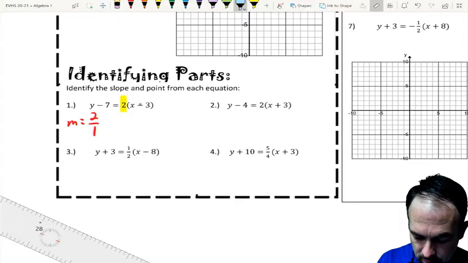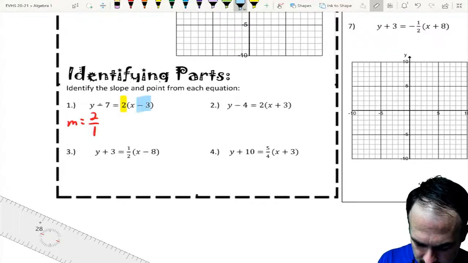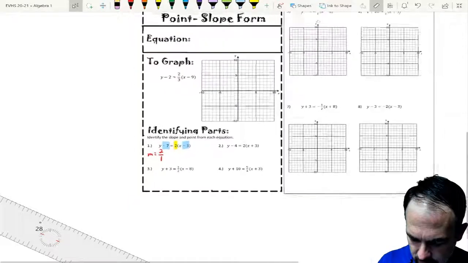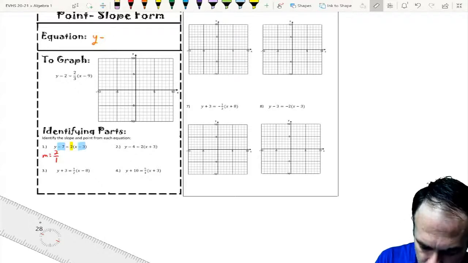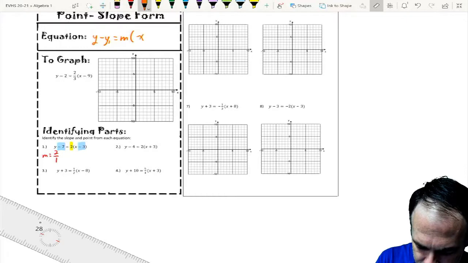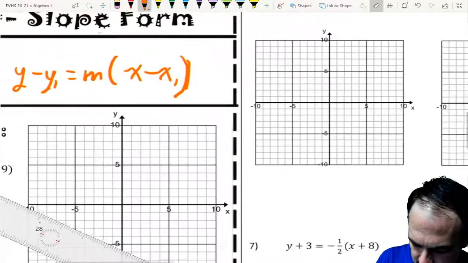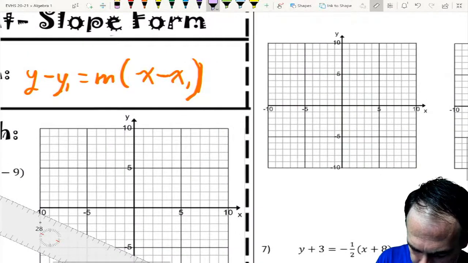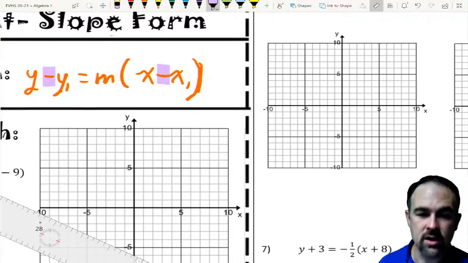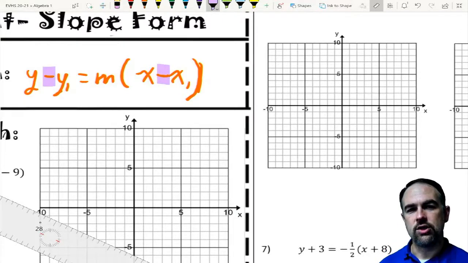Now, the point that we're going to deal with is made up of these two. Because if you remember, our equation was y minus y1 equals m times x minus x1. And, as we said a few days ago, these two negative signs are mathematical shorthand for change the sign.